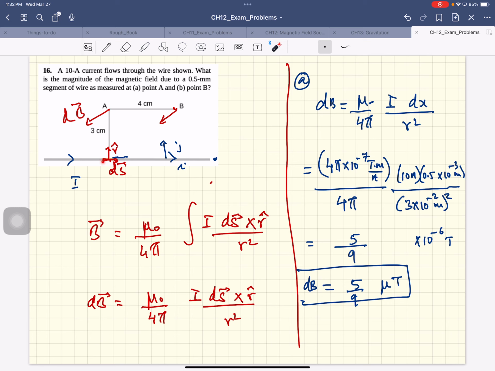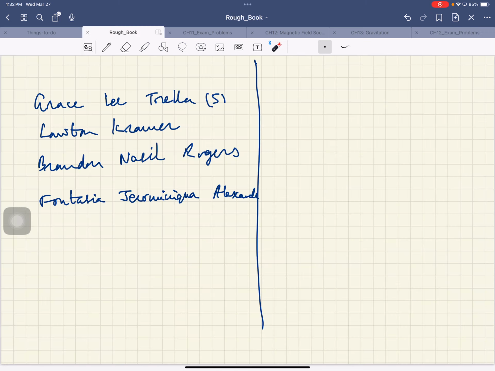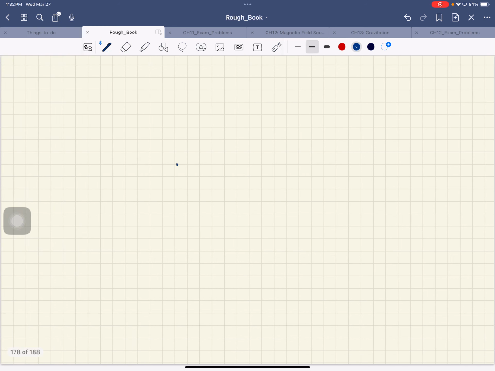So a current doesn't produce any field along the axial points, there or there. We saw that in the previous chapter: a moving charge produces no field along its axis. Just like that for currents as well. We're going to use that in this problem.